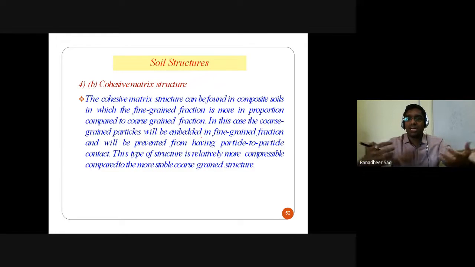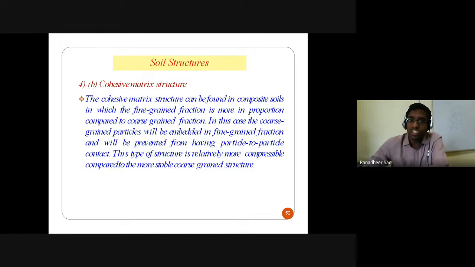the existing fine grained fraction, which is available in large quantity, and will be prevented from having direct contact of one coarse grained particle with another coarse grained particle. Direct particle to particle contact of the coarse grained particles is avoided because of the large quantity of fine grained particles existing in that soil mass.